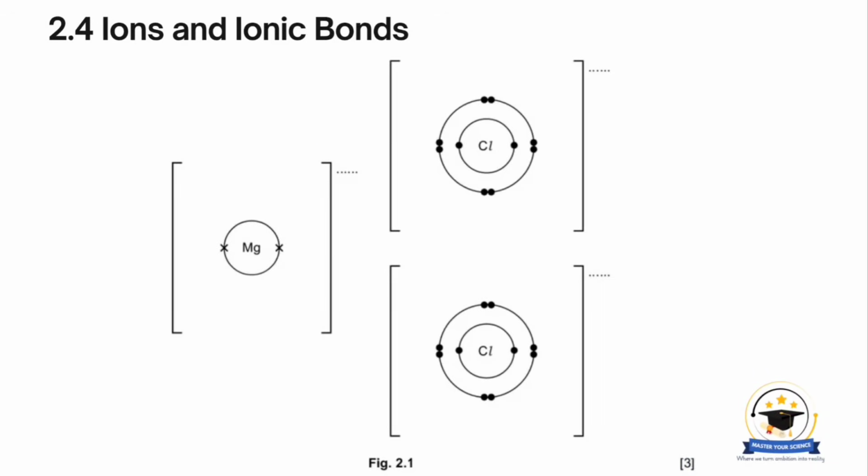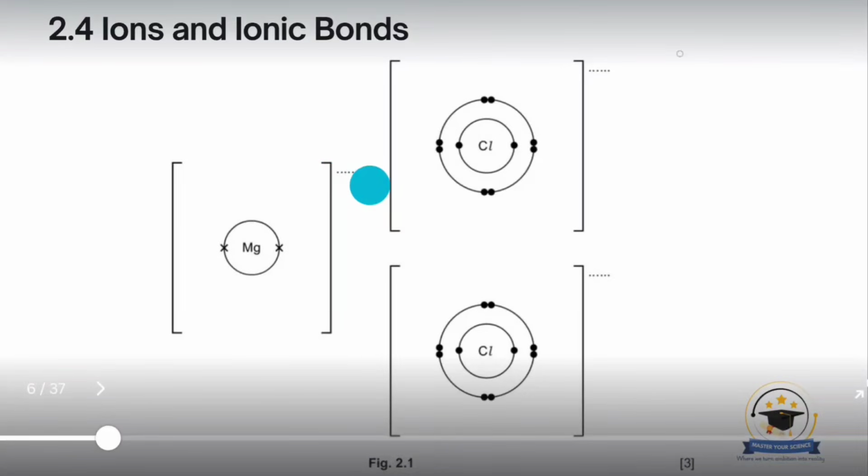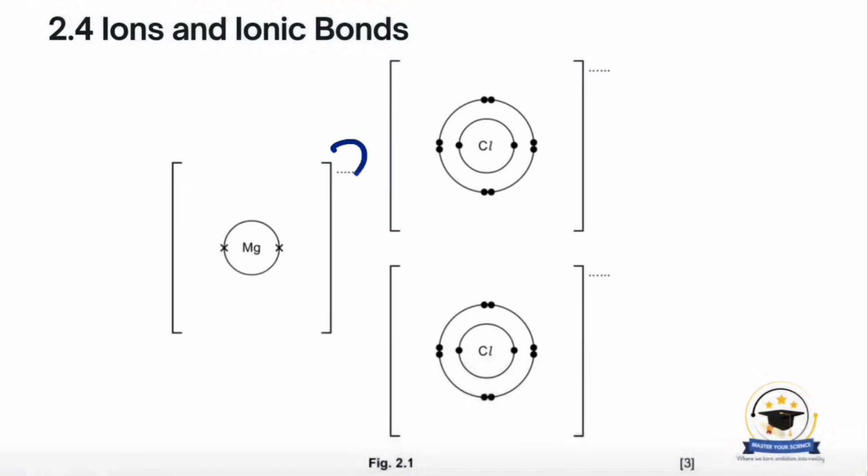So first off, we'll complete the charges. So it's going to be a charge of 2 plus for magnesium, then minus and minus for the chlorine. Next, you always have to check whether the number of shells shown in your dot and cross diagram agree with what it should be, because it's not only the charges that you need to fill in.